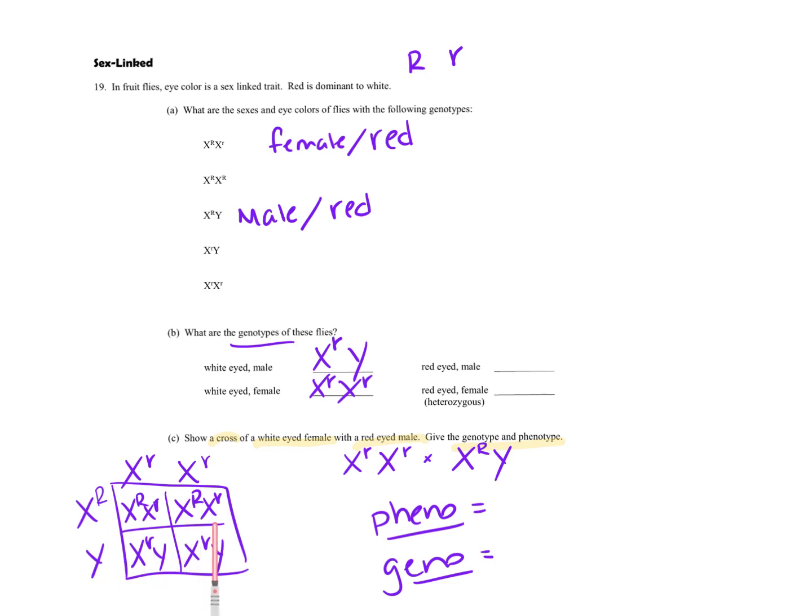But for example, let's say there was 1 white-eyed, 1 red-eyed. You'd have to talk about those differently. But in this case, I have 2 red-eyed females, 2 white-eyed males, for a simplification of 1 to 1. And then actually my genotype is the same. So again, you need to pay attention to the sex of these problems when you're giving the genotype and phenotype.